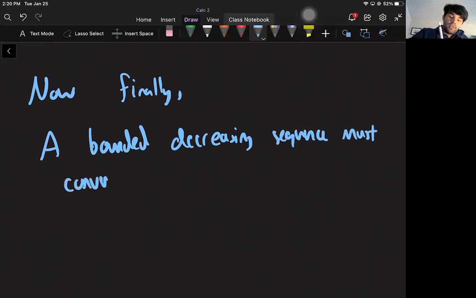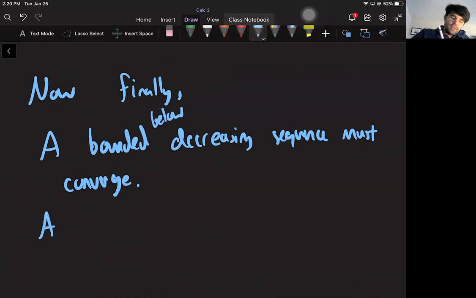So before, remember, we said a bounded sequence might not converge. It doesn't have to. But if you add in decreasing, it definitely will converge. I should just say actually bounded below.